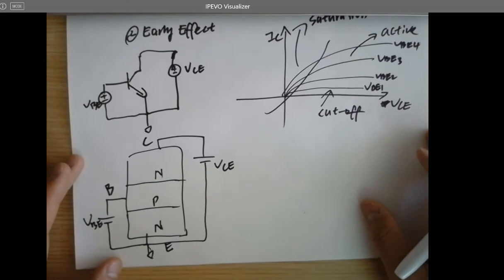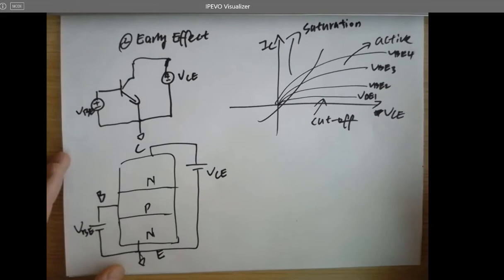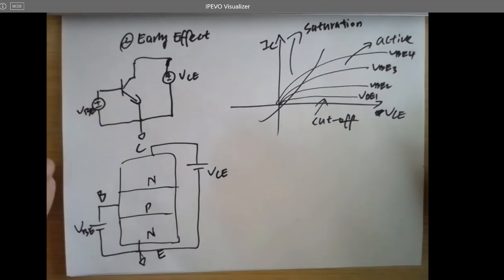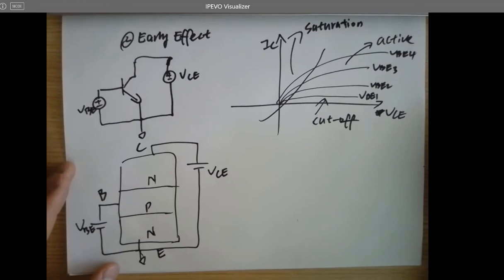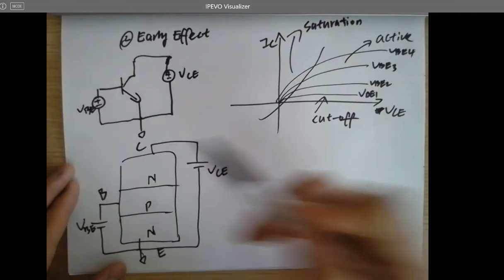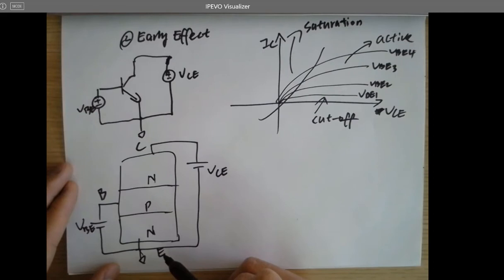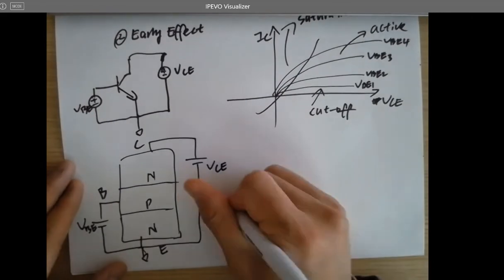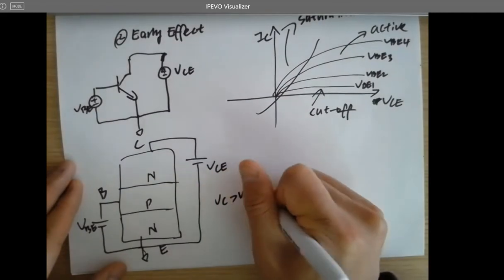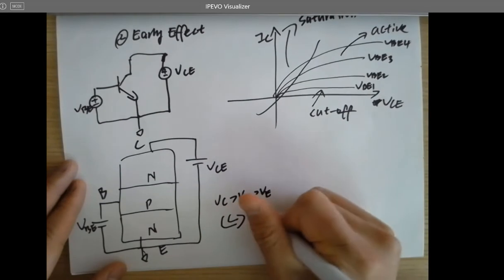Which is the largest voltage? In active mode, which node has the largest voltage potential? C. Which is the lowest? E. So it has to be VC larger than VB, larger than VE, to operate in the active mode.